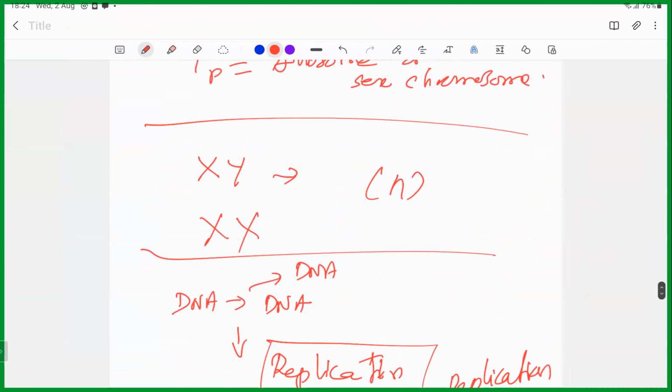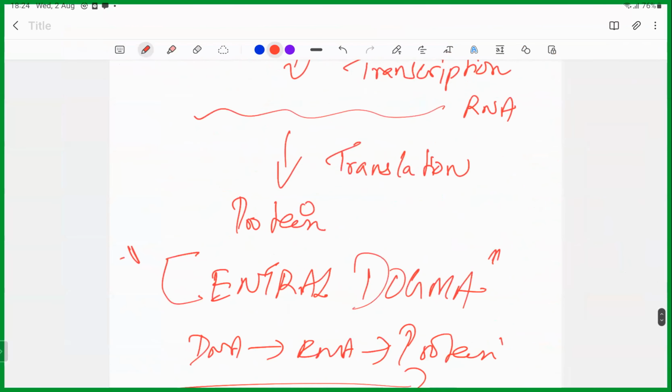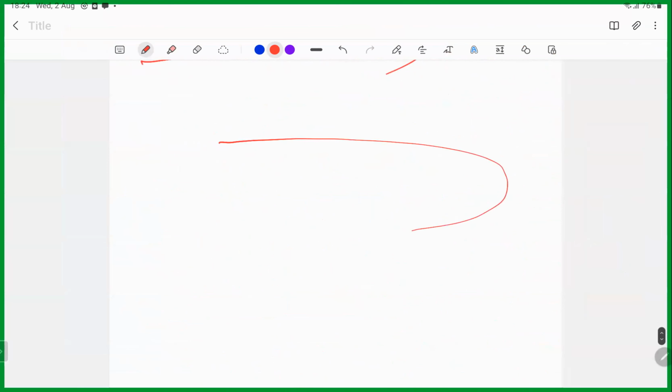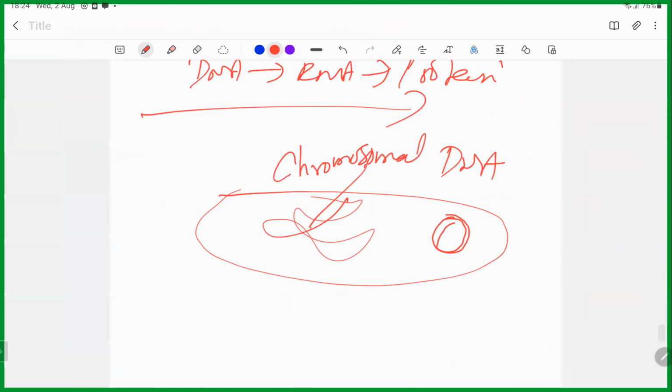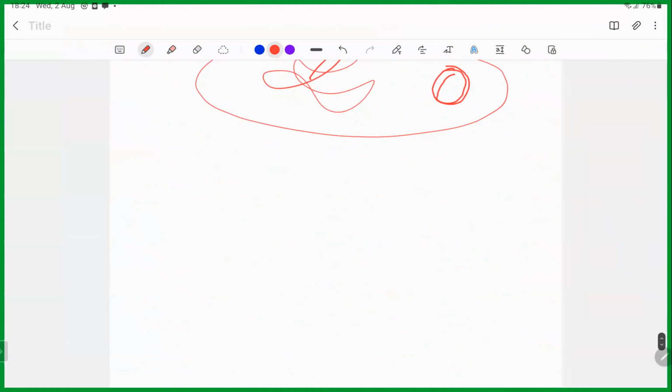See, listen. This is a bacteria. Here DNA is there. That's called what? Chromosomal DNA. And then bacteria will also have a double stranded circular DNA.